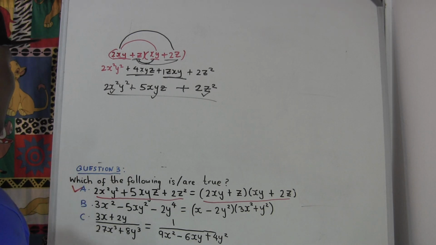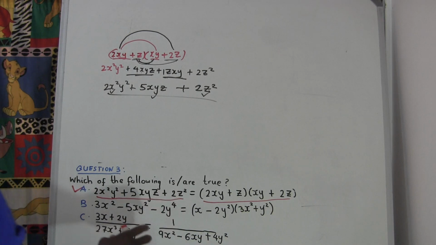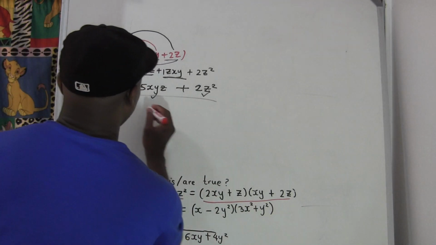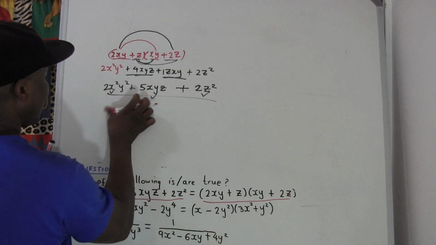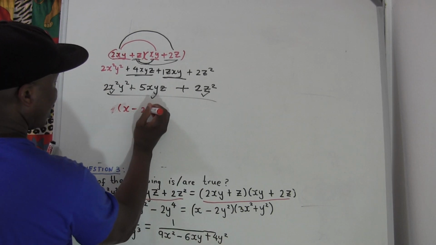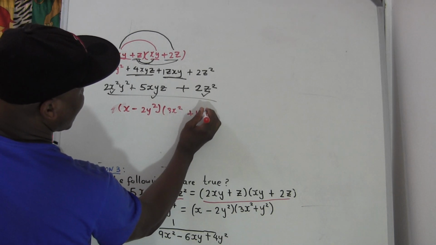Now we go to option 2. Do the same game. Option 2 is also the same game. Take this, expand it and see what's going to happen. So I'm going to take, okay, I got here x minus 2y squared, and then I got 3x squared plus y squared.